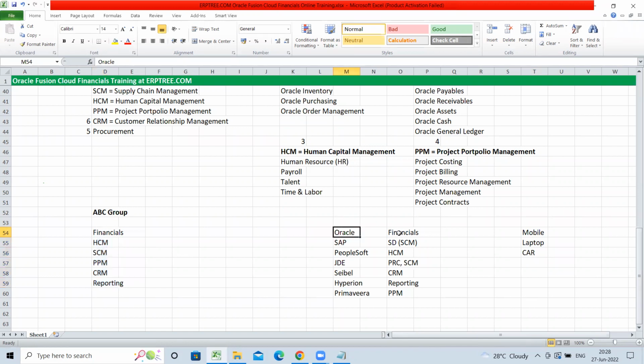From Oracle, financials is really good. SAP, SD is really good. From PeopleSoft, HCM is very famous. From JDE, procurement and SCM is very famous. From Siebel, CRM solution is very good. From Hyperion, reporting is good. Primavera, PPM. These are the different software vendors, software companies who are providing the solutions.